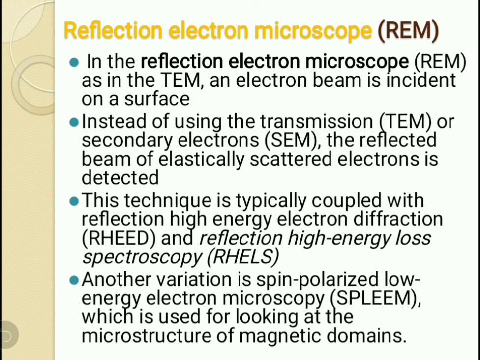Another variation is the spin polarized low energy electron microscope, which is used for looking at the microstructure of magnetic specimens. Same thing here, a special type of electron that is reflected can be observed. So that is the reflection electron microscope.